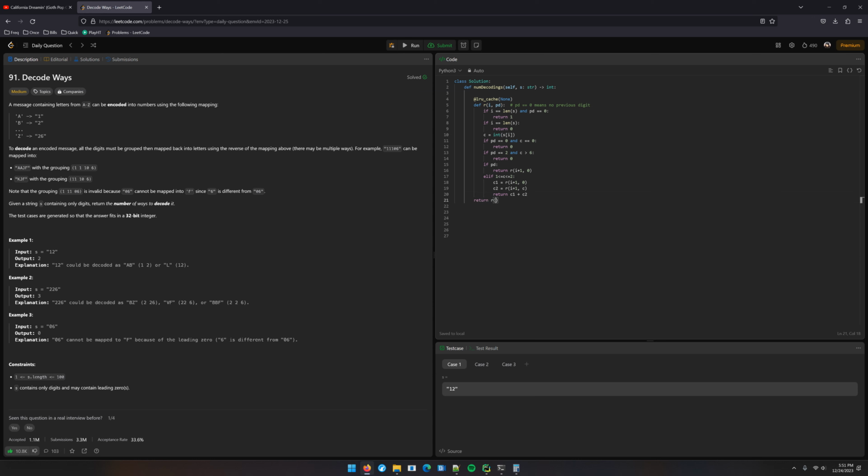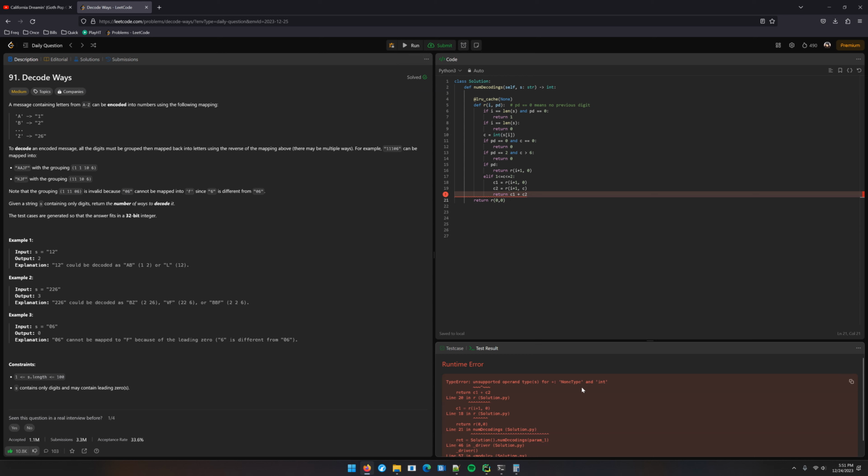Return R of 0, 0. Unsupported operand type: S, NoneType, and int. None. There shouldn't be a NoneType. Oh. Got it.